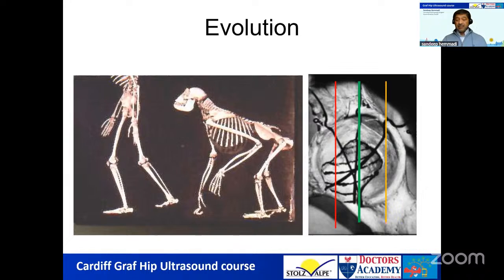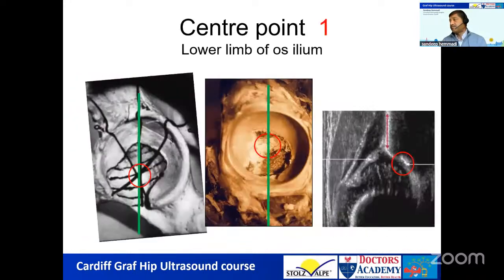So the deepest part, which was originally at 12 o'clock, is now moved into the posterior part. And therefore, evolution has given us a posterior wall which is deeper and an anterior wall which is shallower. And therefore, we've decided to use the middle point here to get a good balance of what we are going to measure as the standard plane.